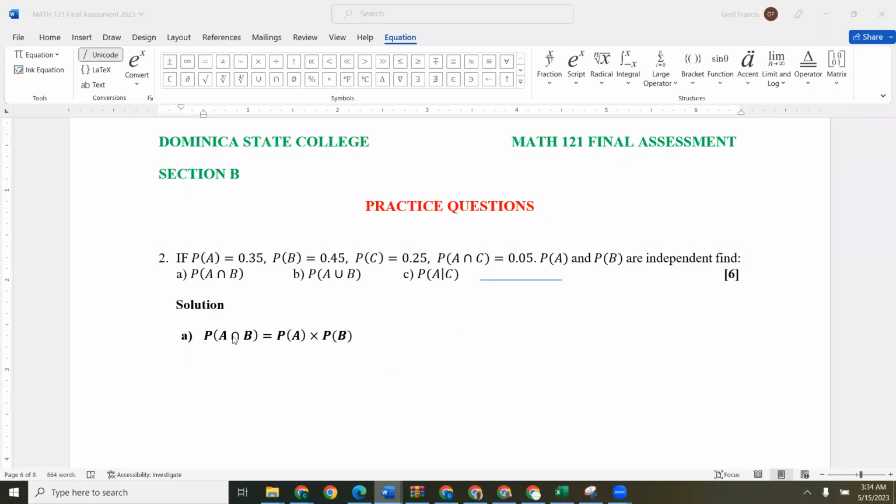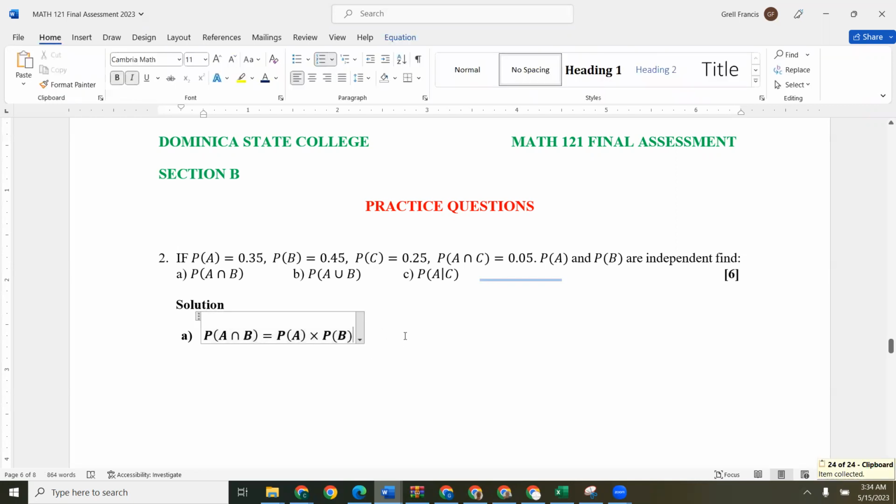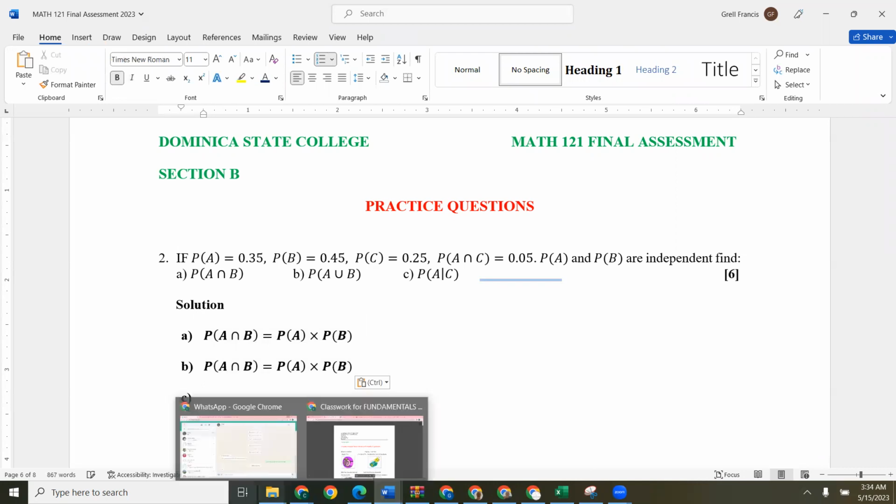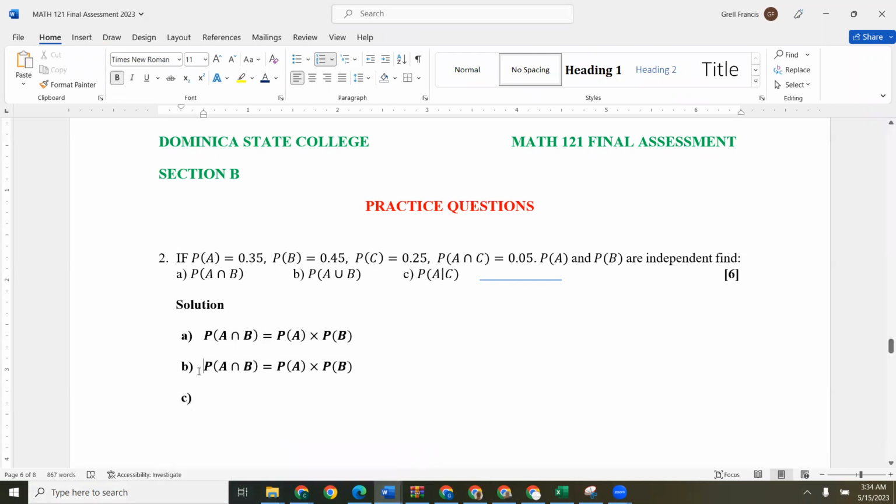So here we have written the formula, P of A intersect B is P of A times P of B. Right now it's just a matter of substituting the values of P of A and P of B into the formula. P of A is 0.35.